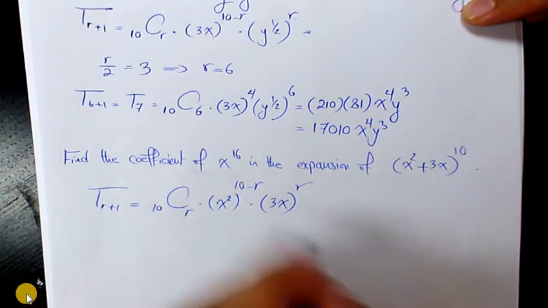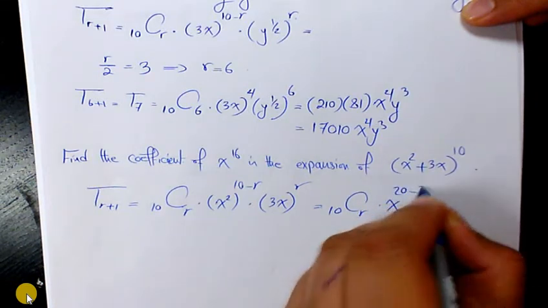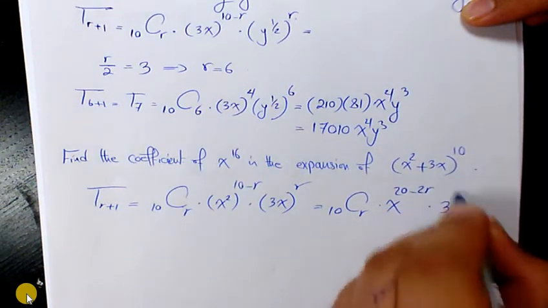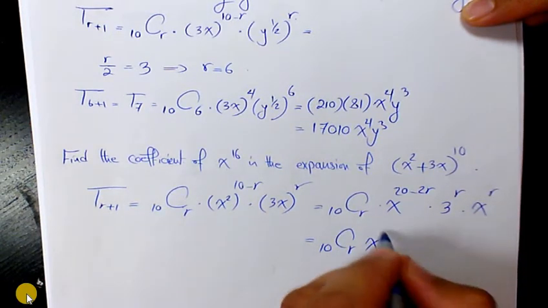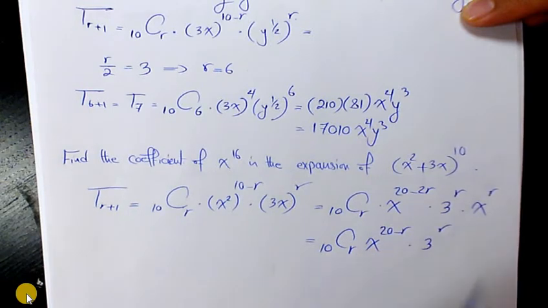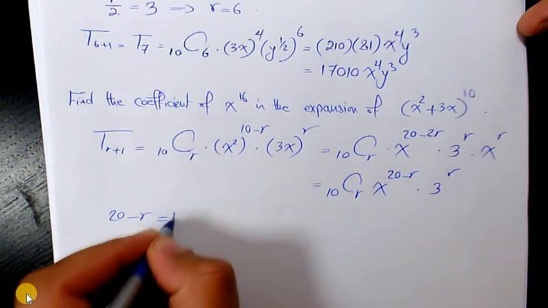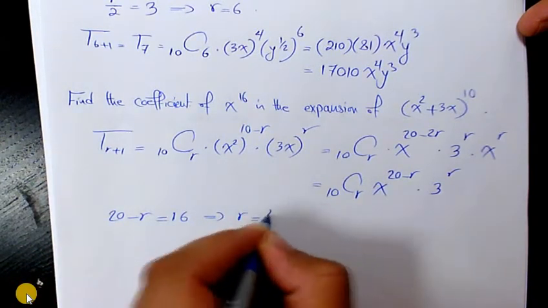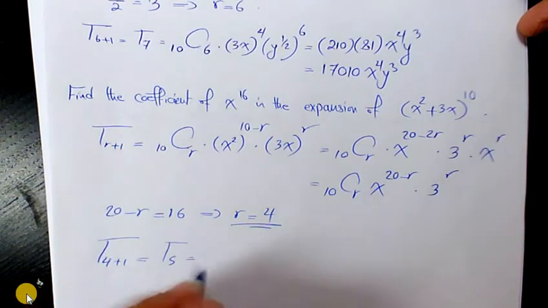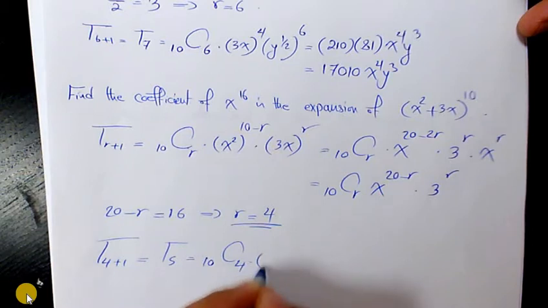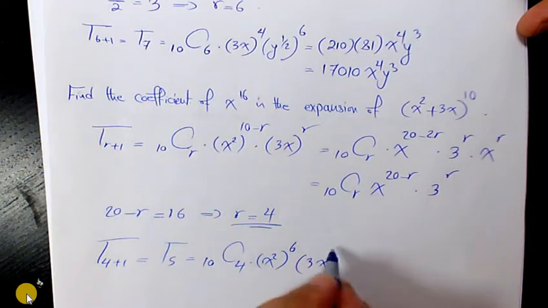It means that it is 10 Cr, x to the power of 20 minus 2r, times 3 to the power of r, x to the power of r, which is 10 Cr, x to the power of 20 minus r, times 3 to the power of r. That's going to be 20 minus r equals 16, so r will be equal to 4.